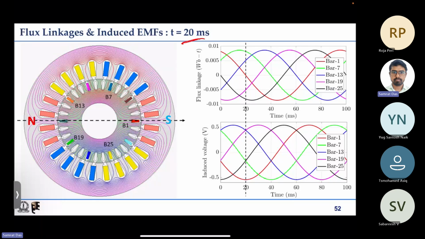This is exactly the opposite of what we saw at t equal to 10 millisecond, because at t equal to 20 millisecond the field direction has flipped. Earlier field was at theta equal to 180 degree, now field is at theta equal to 0 degree or 360 degree.